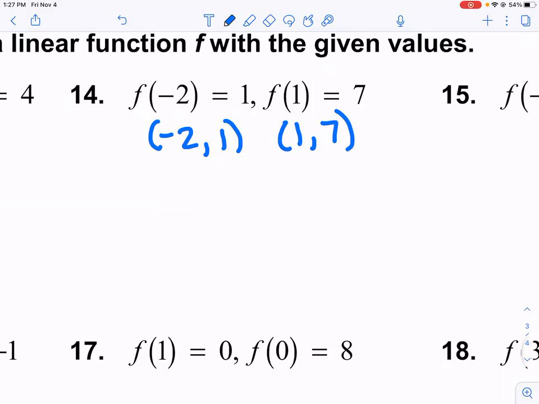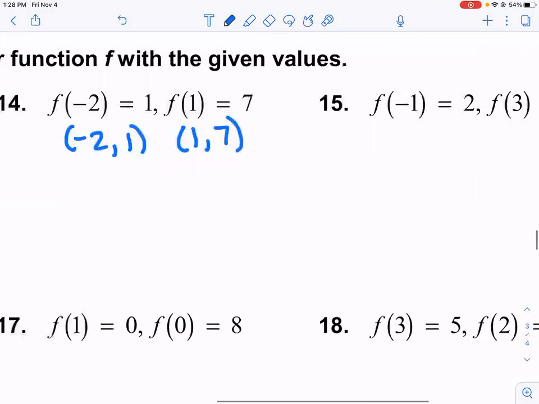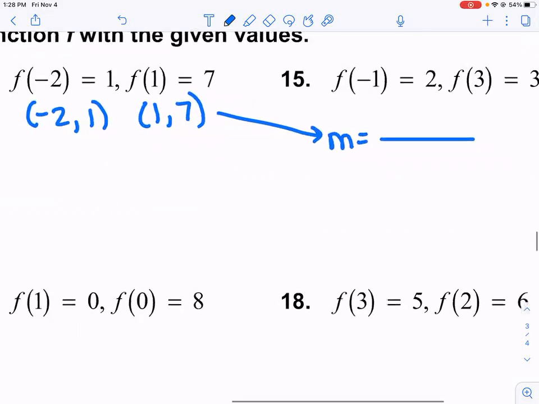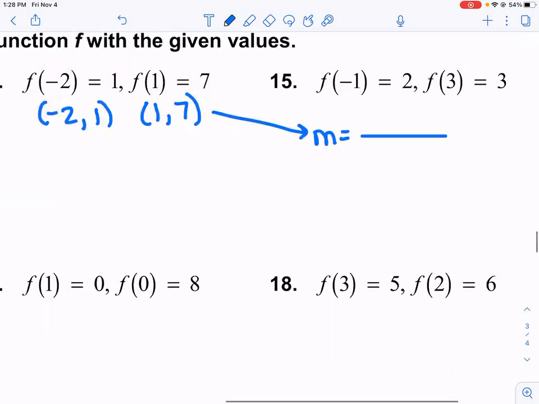Find the slope. Find me slope. I'm hearing 2. Somebody said -2.